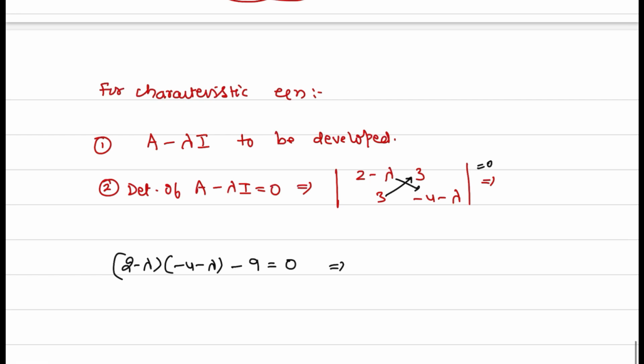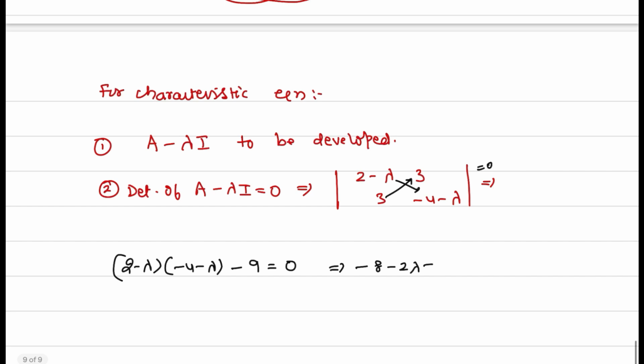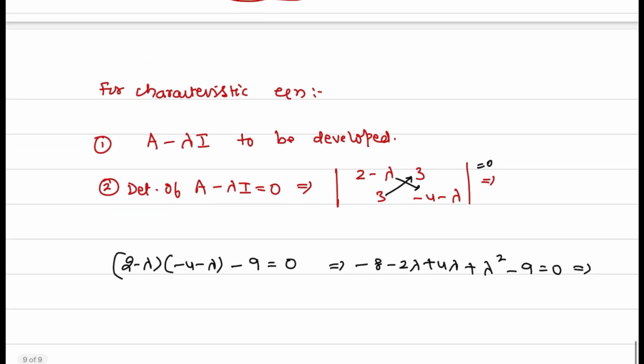You just see, 2 minus lambda into minus 4 minus lambda gives minus 8 minus 2 lambda plus 4 lambda plus lambda square, minus 9 is equal to 0. That becomes lambda square plus 2 lambda minus 17 is equal to 0.